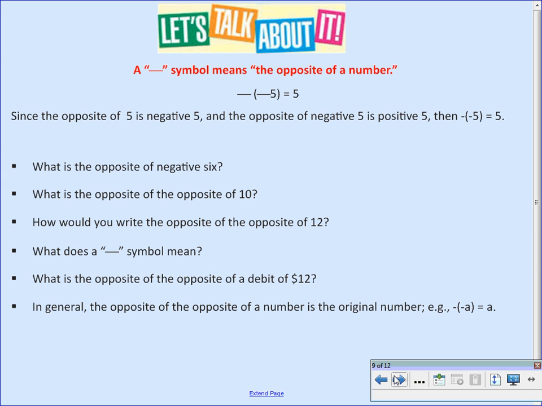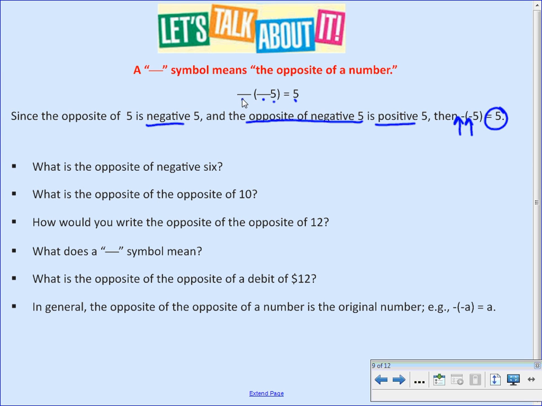So then you're going to put your pencils down and we're just going to talk about it for a minute. Whenever you see that symbol, that dash, that symbol means the opposite of a number. So here we have the opposite of the opposite of 5, which is 5. Since the opposite of 5 is negative 5, and the opposite of negative 5 is positive 5, the opposite of the opposite of 5 is 5.